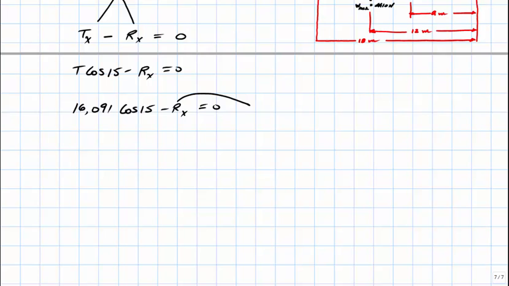Let's transfer r sub x to the other side. And on the left-hand side, the result equals 15,543. And so r sub x equals 15,543 newtons.